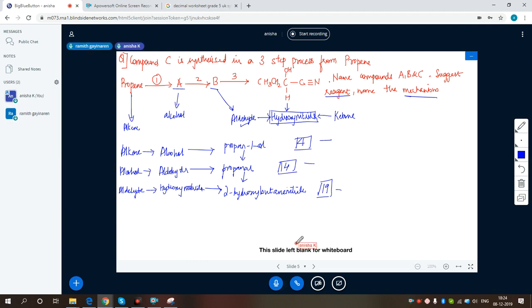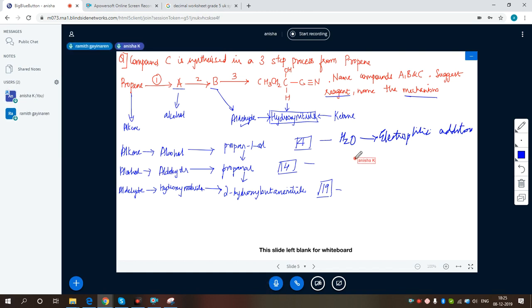Okay, let me read out to you. Reagent used here, when I'm talking about equation 4, is water, and the mechanism used here is electrophilic addition. Then for 14, that is acidified potassium dichromate, and that has no mechanism.